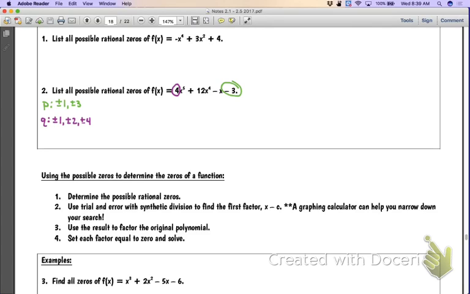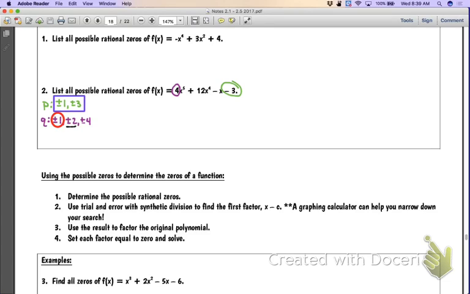In terms of my list, I know that all of my p-values are automatically in my list, because if I divide every single one by 1, it's just going to be that value. What I need to do next is take each green value and divide it by each purple value.